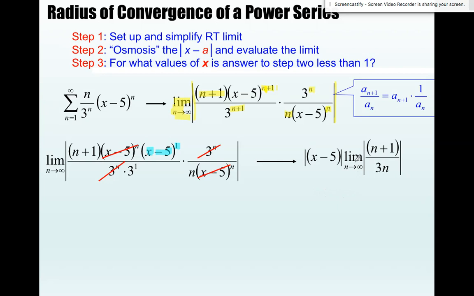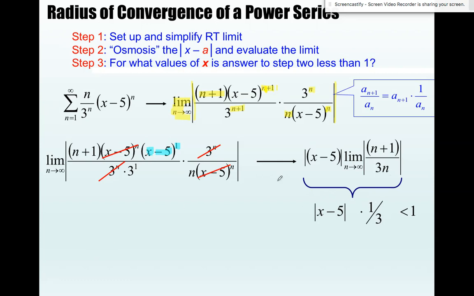Now, just evaluate a numeric limit. Pretend you're in Algebra 2 and somebody's asking you for the end behavior of that rational function. What is it? This is n to the first, and this is 3n to the first, so the powers are even, so it's the ratio of the leading coefficients, which is just a third.